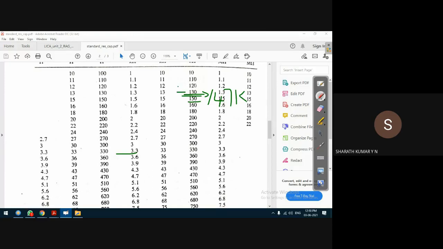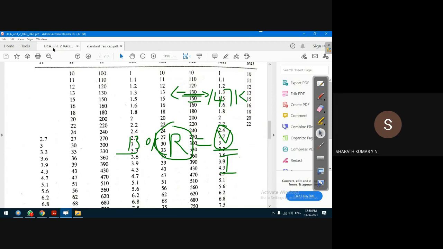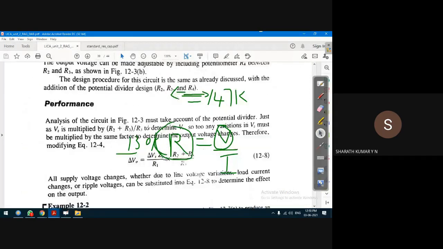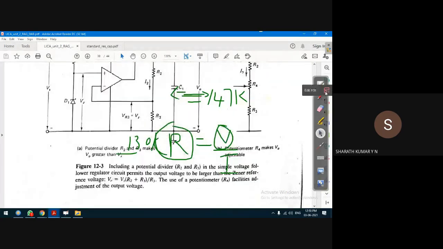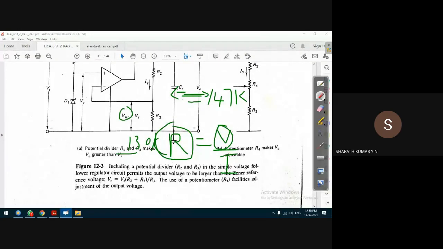If you select 130 kilo ohm, R is equal to V by I, so if R is reduced, V also reduces. That should not happen, because if this voltage VR3 reduces because R3 is taken as a small value, this difference voltage increases and output voltage increases. That should not happen.